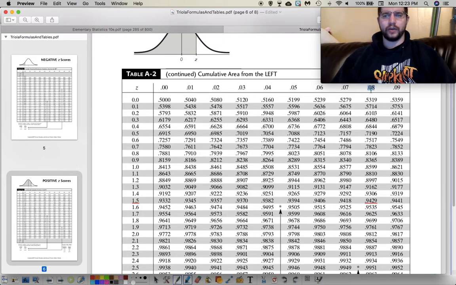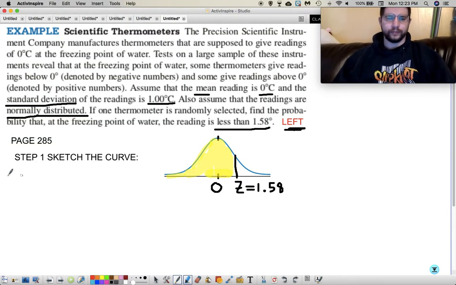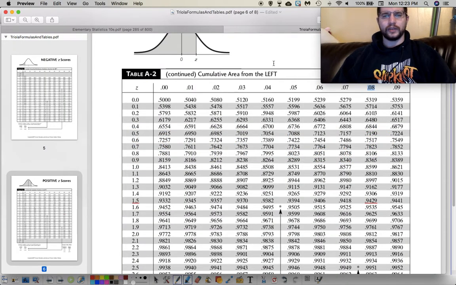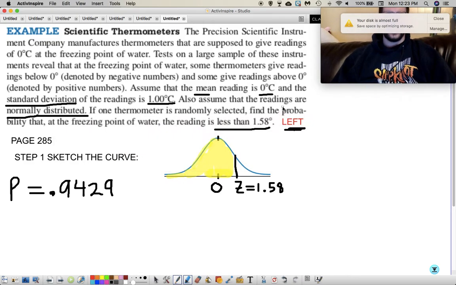Right here is 0.08. So this column right here is for 1.58. So our answer is 0.9429. And again, this chart will always give you area to the left. It's cumulative area to the left. So that's how you do it with the chart.